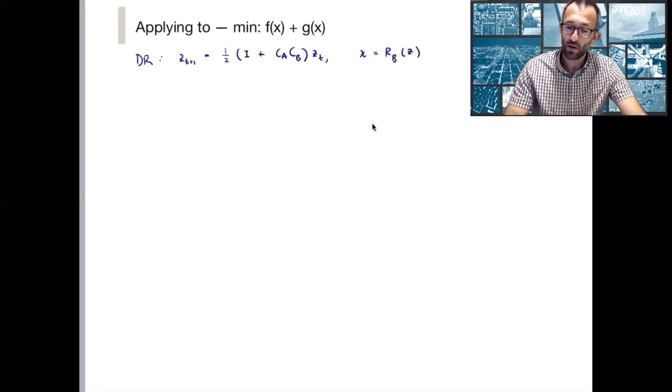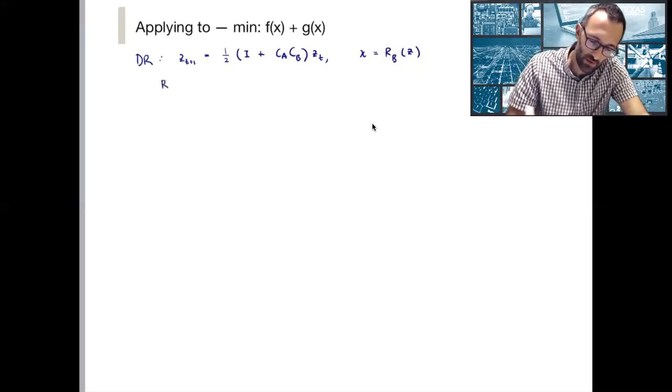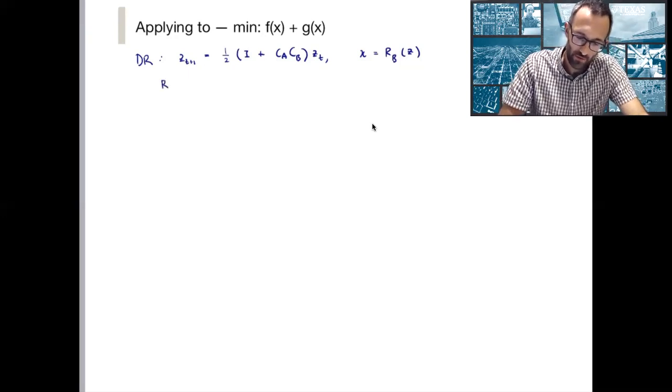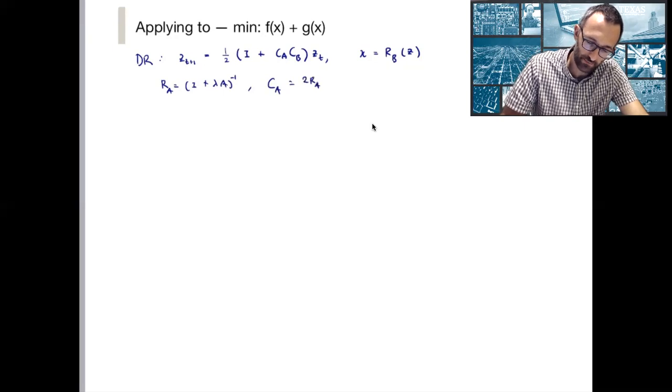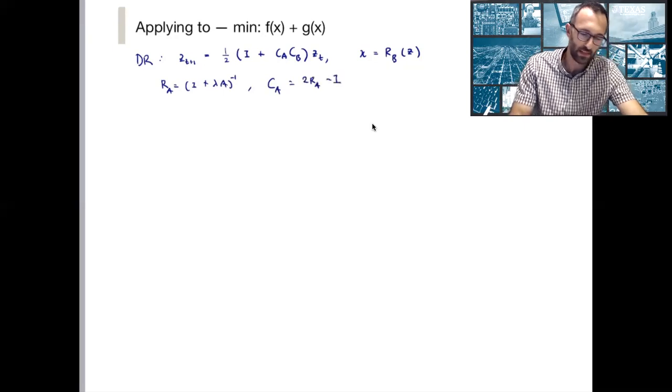Now remember the basic definitions. The resolvent of an operator is, just like we wrote down a few slides ago, identity plus lambda A inverse, and C_A is equal to 2 R_A minus identity.